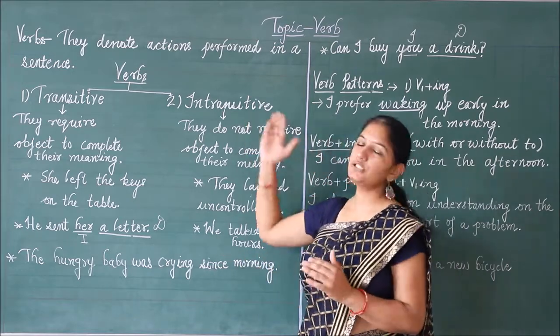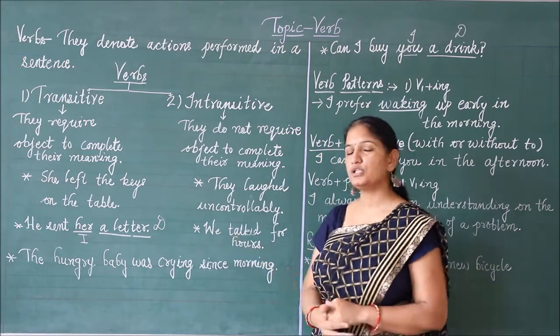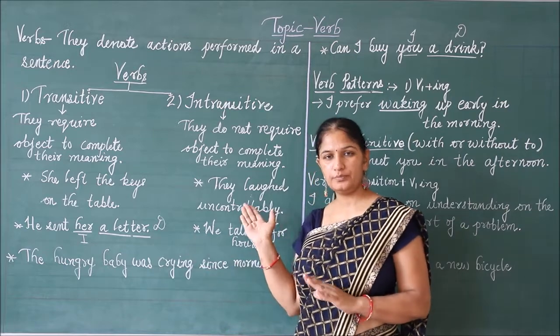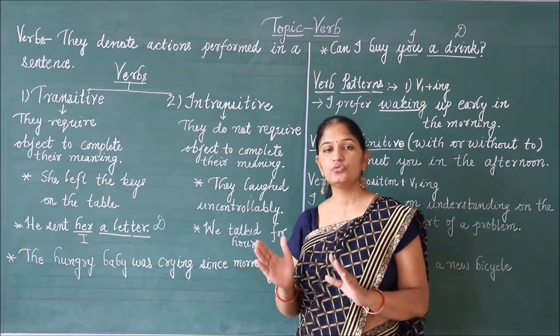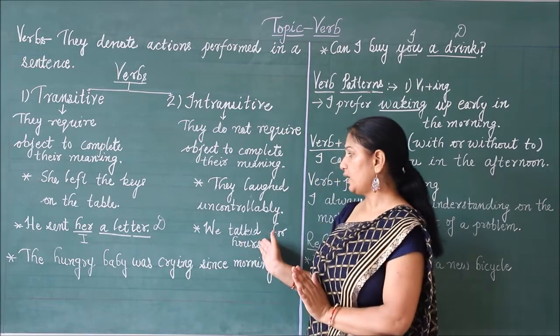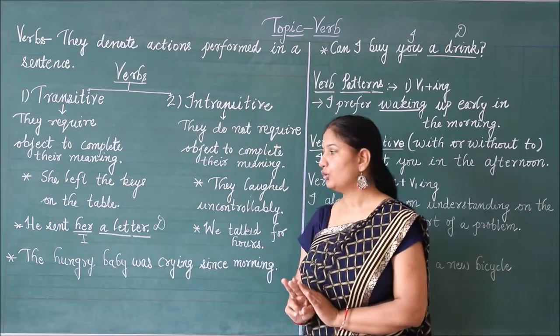That's why it is called an intransitive verb. In this sentence also, we talked for hours. We talked what? That is not mentioned. So we don't have any object in this sentence. That's why the verb talked is called an intransitive verb.